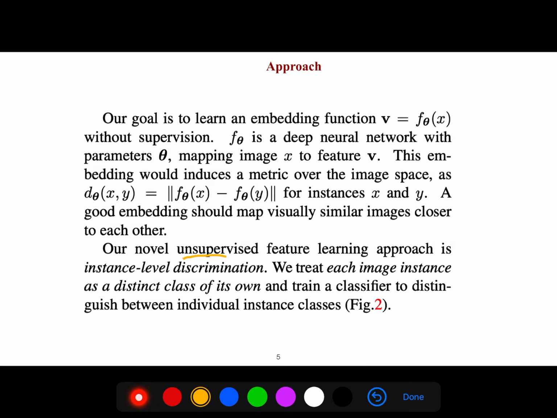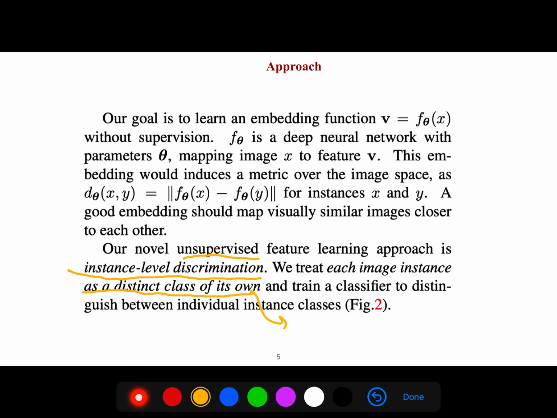This novel unsupervised feature learning is instance-level discrimination, and we treat each image instance as a distinct class of its own. So you might expect that we have lots of classes, so we are in trouble. We are in the same trouble that we had, for example, in word-to-vec embedding, where our denominator was too big.